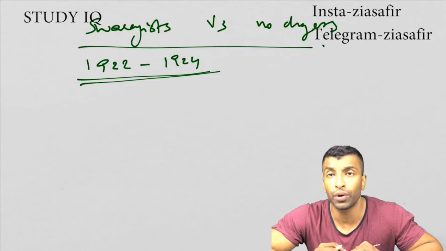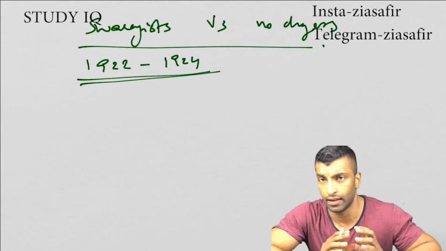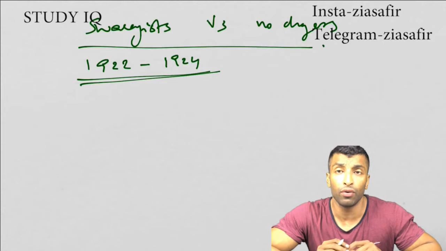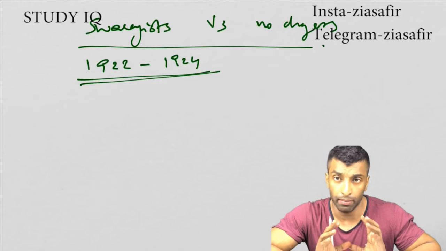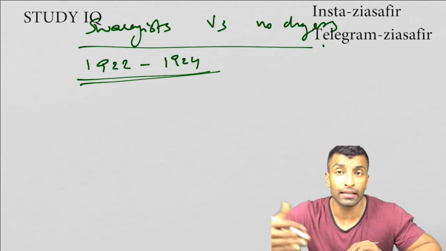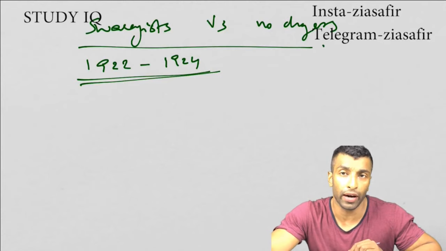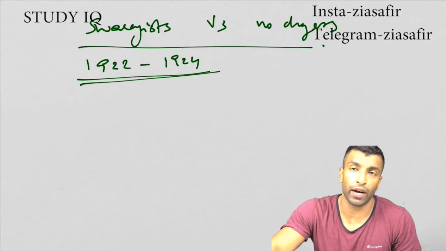I have already told you that the 1919 Montagu-Chelmsford recommendations, that is the 1919 Government of India Act, were rejected by Congress, which boycotted the election based on that Act, and now the next election is due in 1924. So the question is whether the Congress should contest the election in 1924 or not.